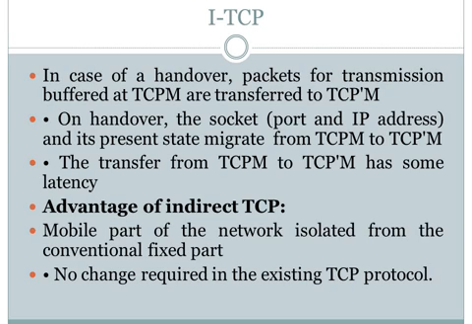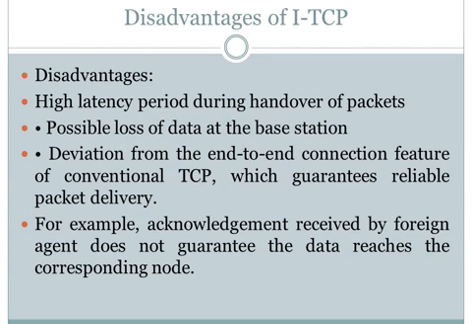This transfer of the entire state will result in a substantial delay. So handover suffers from delay in the case of indirect TCP. So that is the reason for possible loss of information at the base station.